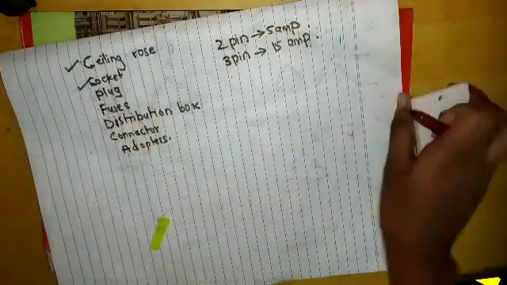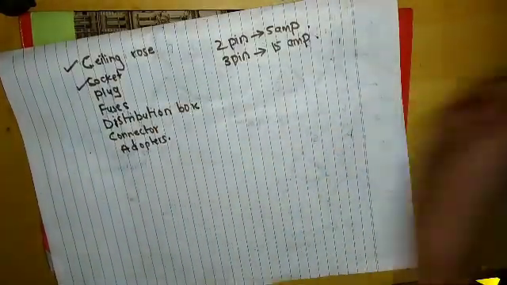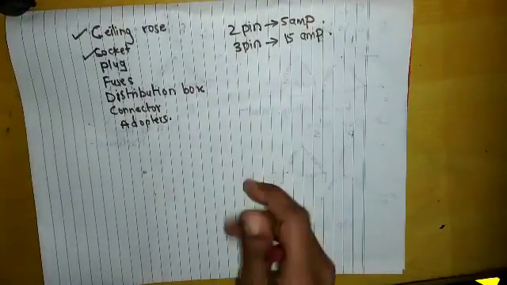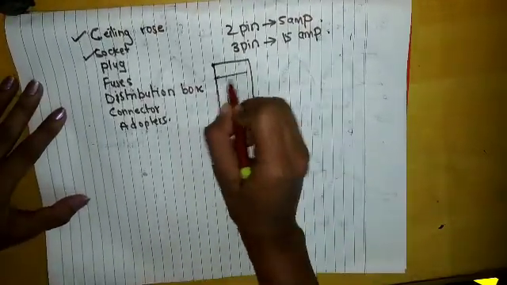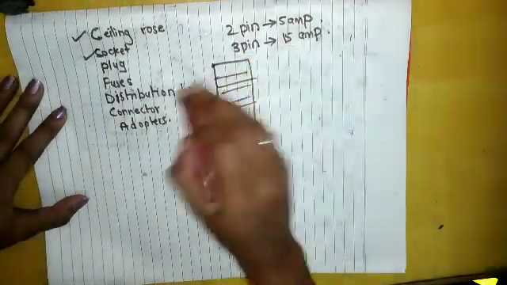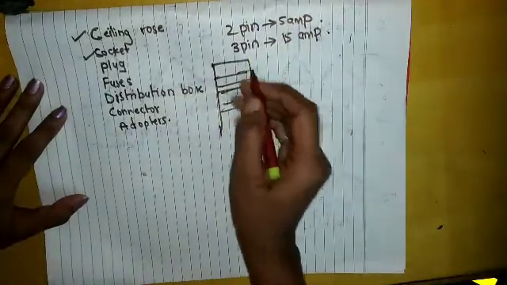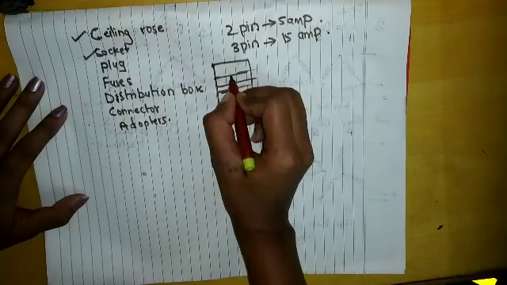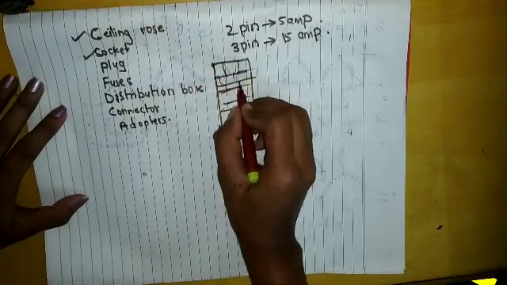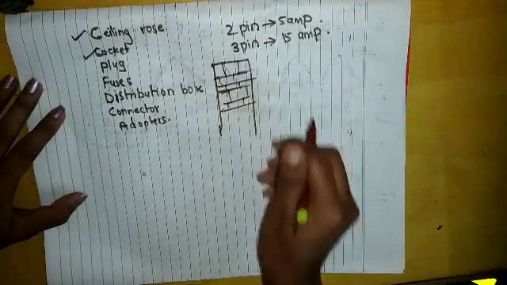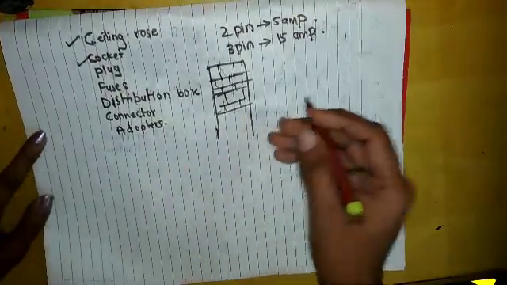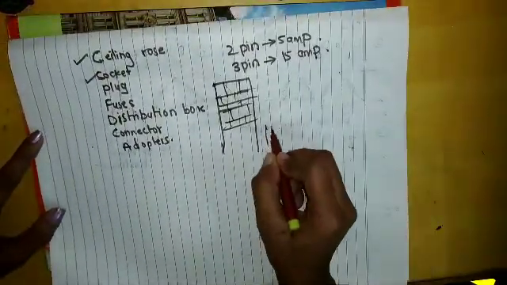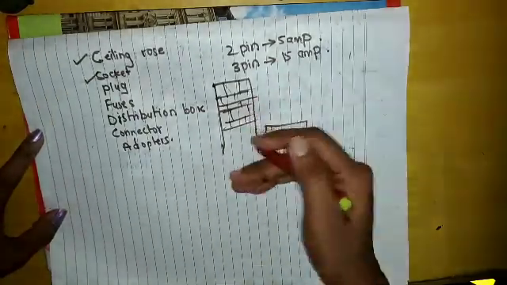So now we will see the distribution box. What does it mean? Now consider one example. This is one building, and it has n number of houses or flats in it. Every house must be provided with supply. As you can see in nearby buildings, there is one box in the parking area or at the ground floor.